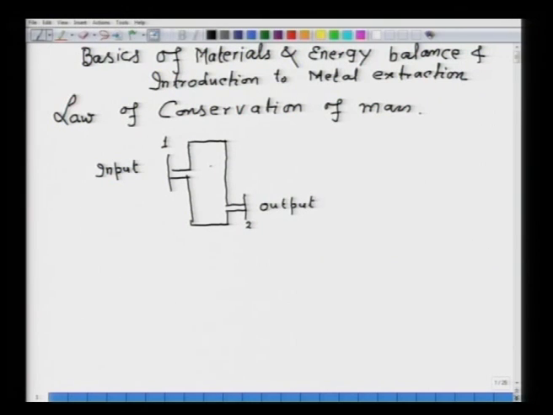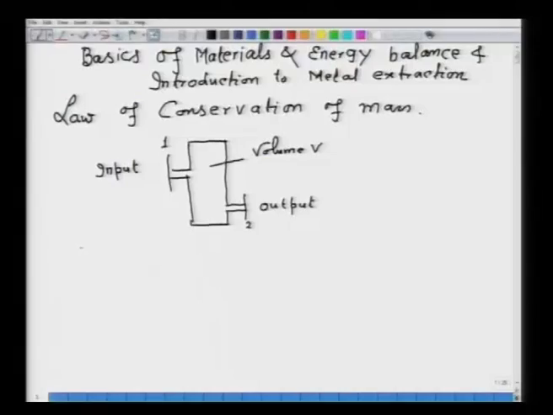Let us consider the volume to be V. Mass is transferred into and out of the system. Mass will accumulate when the input and output rates are unequal.